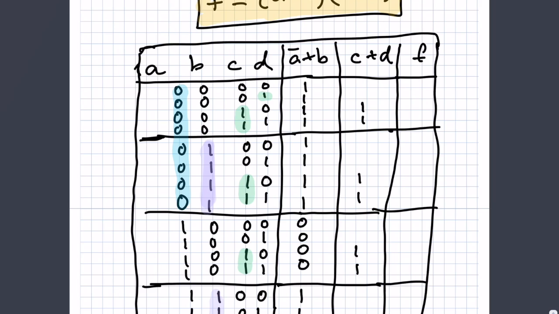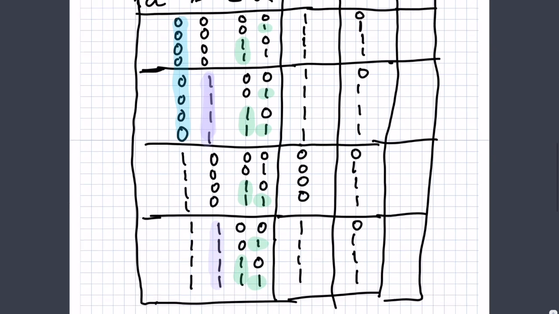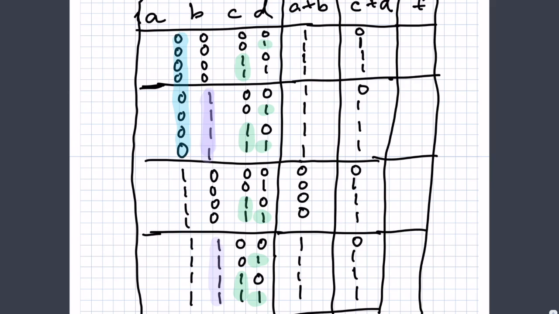And so here, here, here, here. Alright, so let's add those 1s on those columns into that column. That'd be a 0 here. Alright, and so now we have the 2 columns.